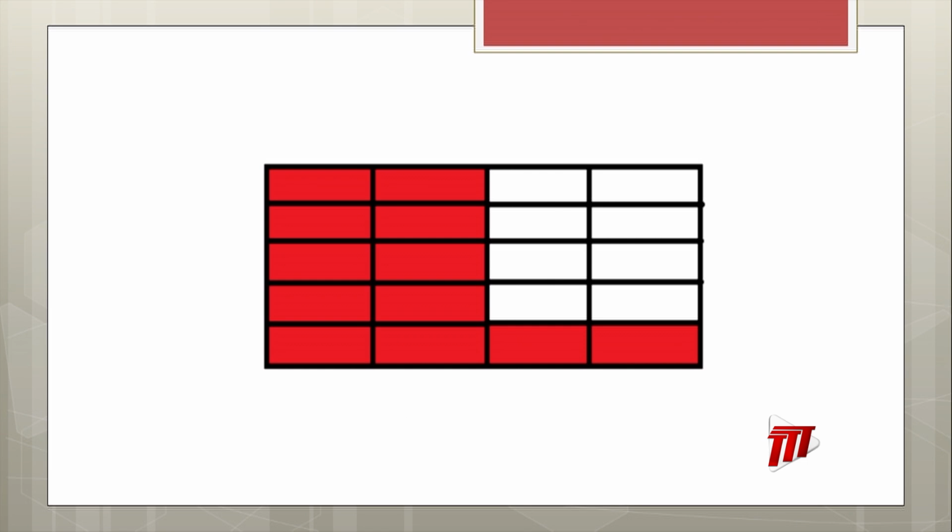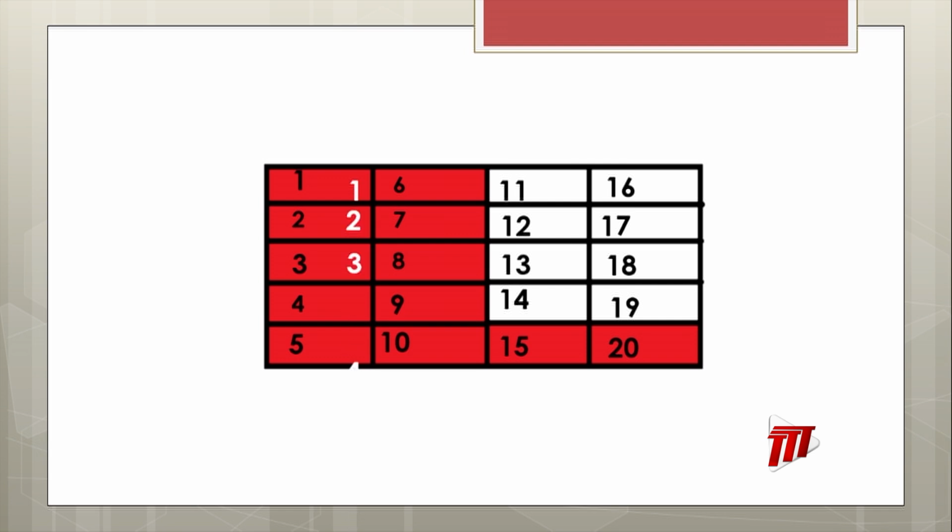All right, let's see. 1, 2, 3, 4, 5, 6, 7, 8, 9, 10, 11, 12, 13, 14, 15, 16, 17, 18, 19, 20. All right. And how many pieces did she give away? Let's count. 1, 2, 3, 4, 5, 6, 7, 8, 9, 10, 11, 12.